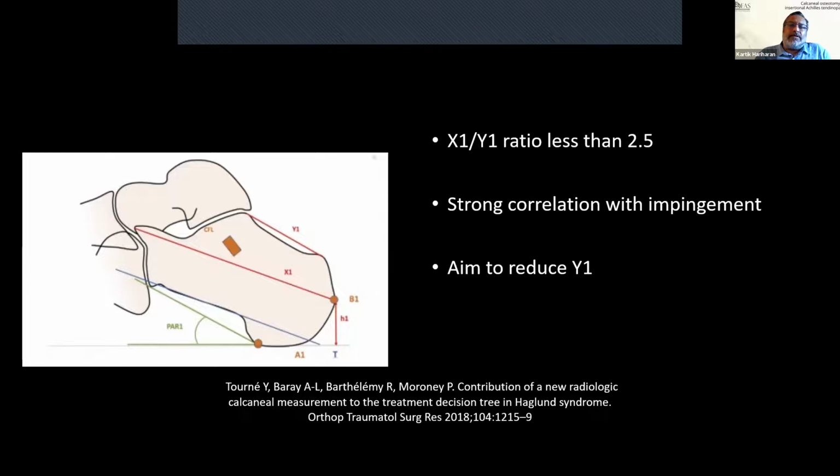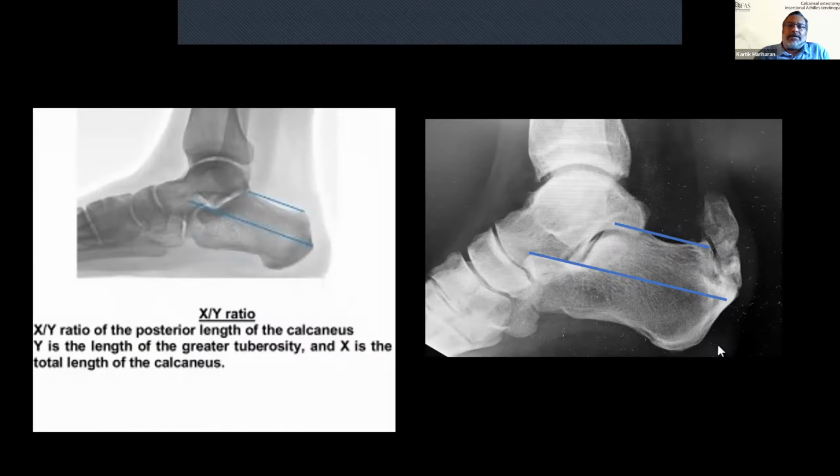The aim really ought to be to reduce Y1 so as to get a ratio that climbs up that magical 2.5 figure. Thus, when you go back and look at this X-ray, it is pretty obvious that this person's os calcis is significantly abnormal morphologically, and merely by excising all of this tissue, we haven't addressed the primary morphological anomaly that exists in this patient.